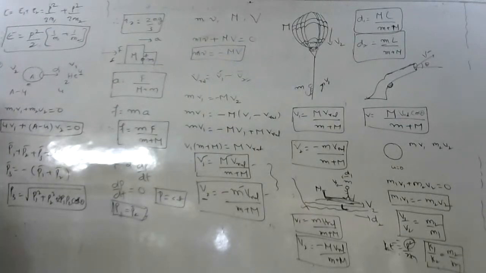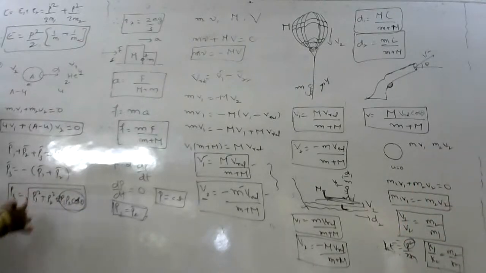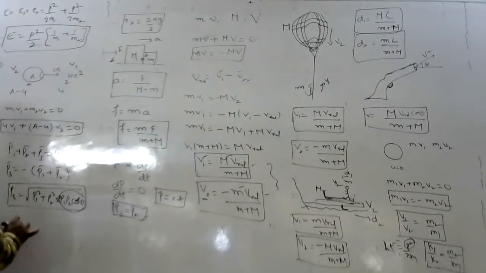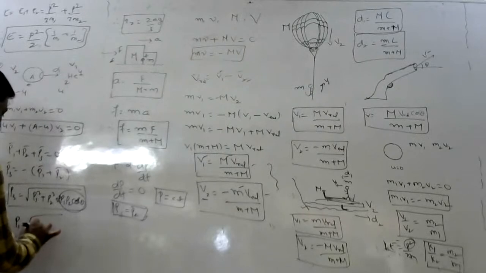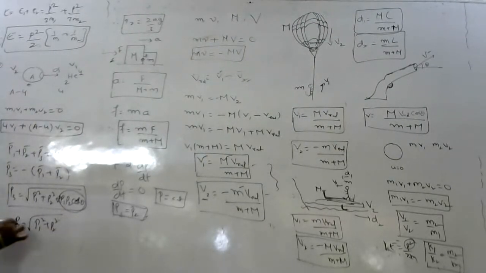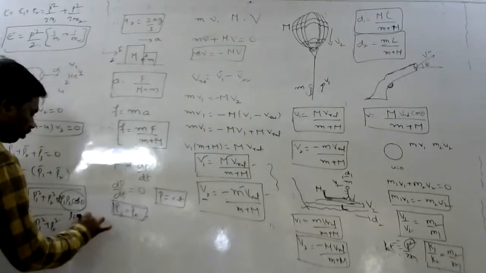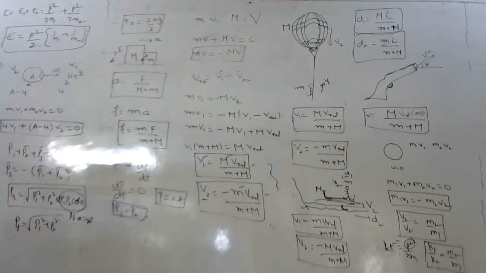If the two pieces are perpendicular to each other, theta is 90 degrees, so cos 90 is 0 and that term vanishes. Therefore, P3 is equal to the square root of P1 square plus P2 square, if theta is equal to 90 degrees.